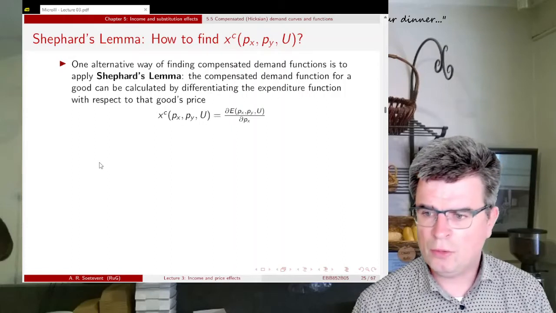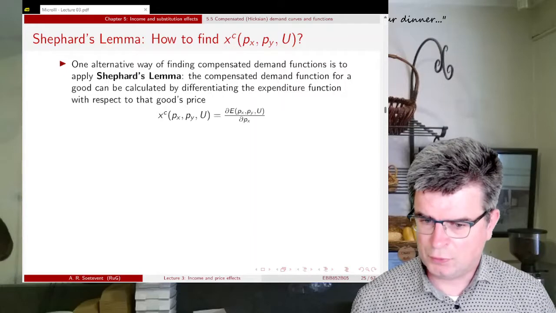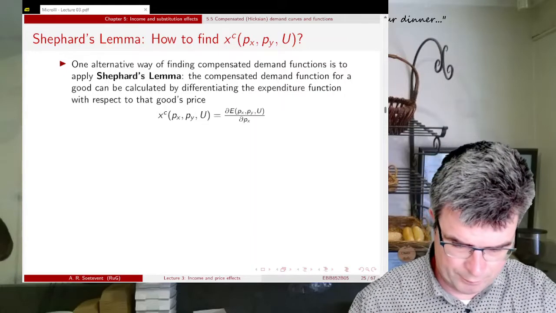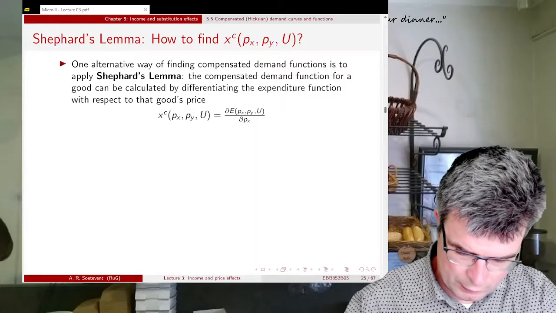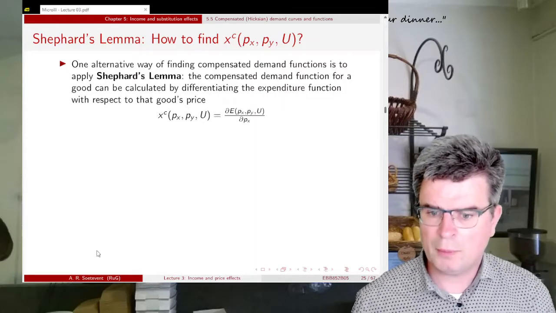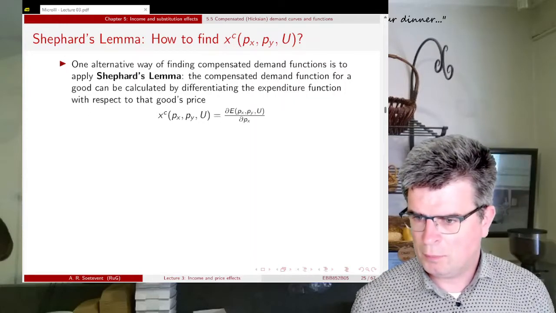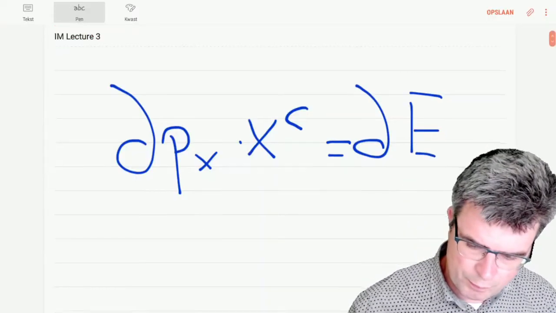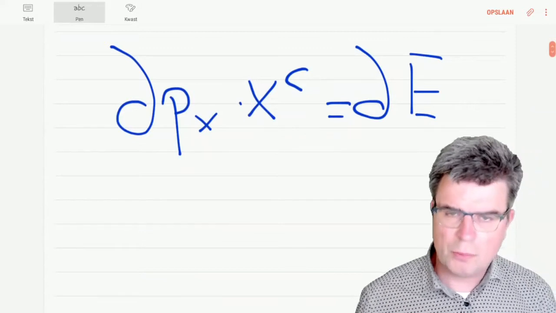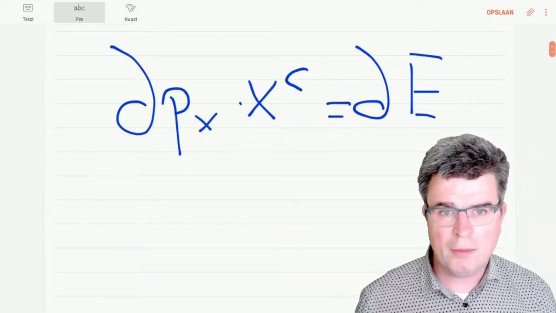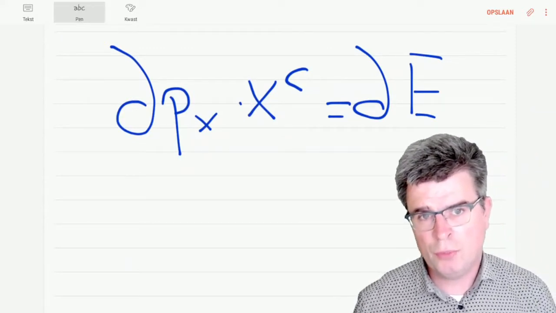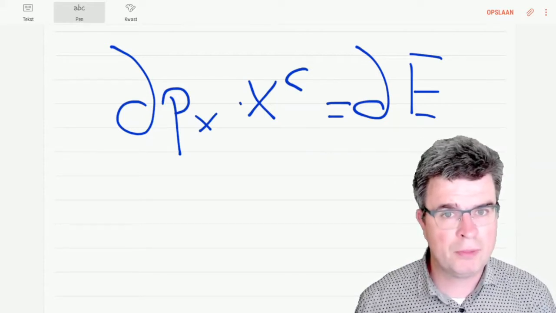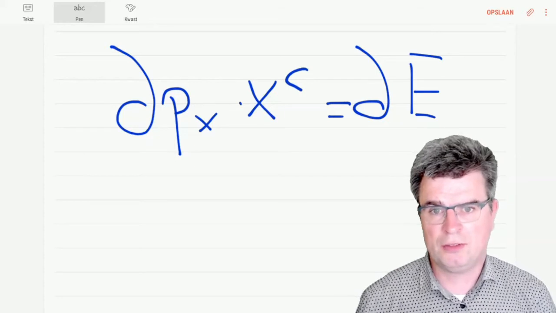Now the intuition for this is as follows, and maybe it's best if I just write it on my tablet. So suppose that I currently buy 5 units of ice creams, and that the price of an ice cream increases by, say, 10 cents.